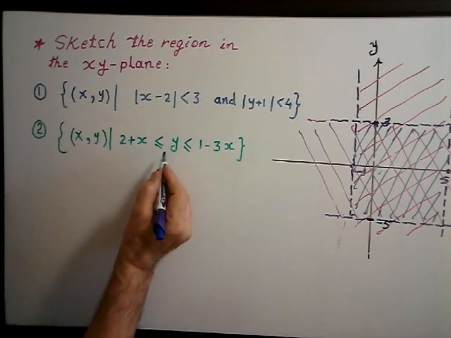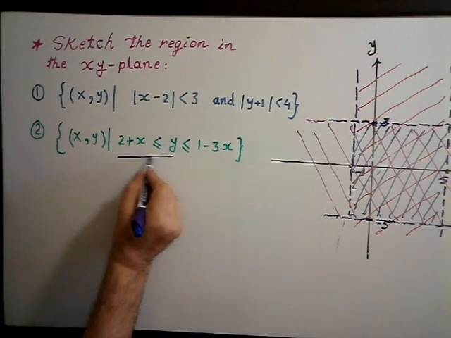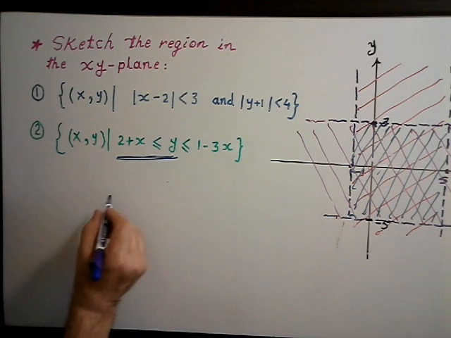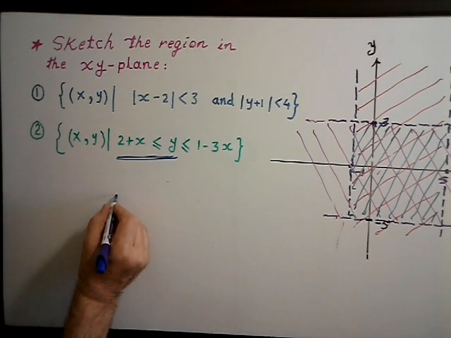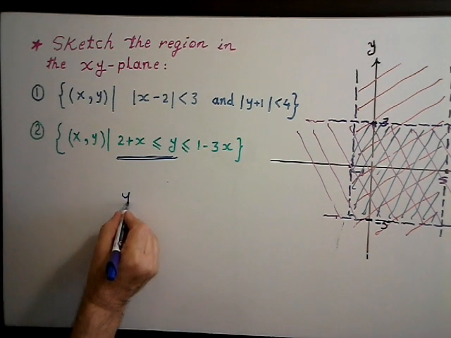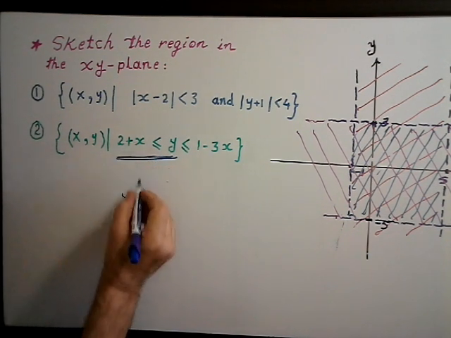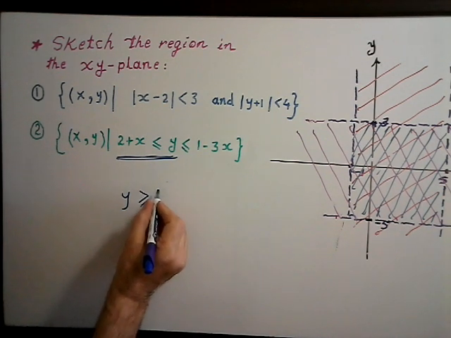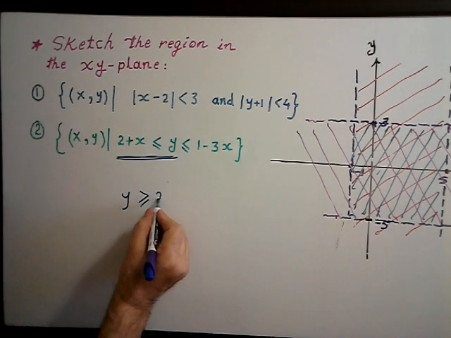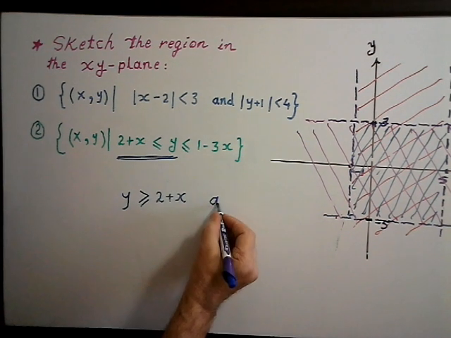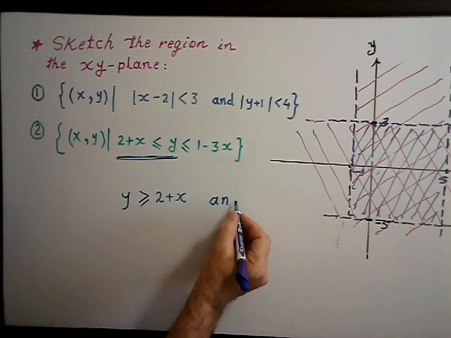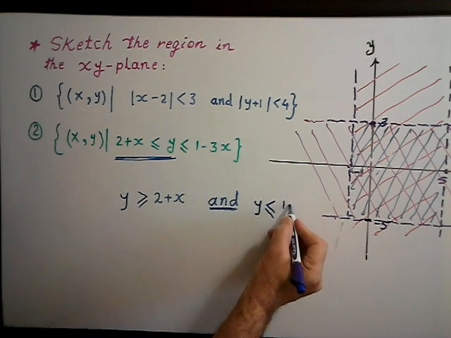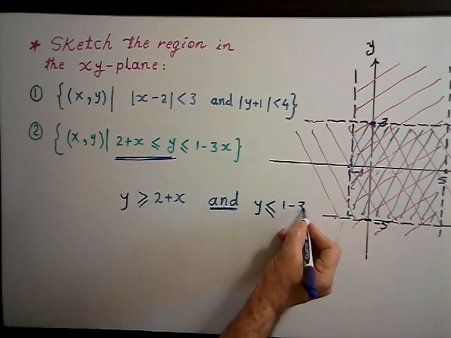First we take this one here, which means y is greater than or equal to 2 plus x, or x plus 2. The second one, 1 minus 3x.